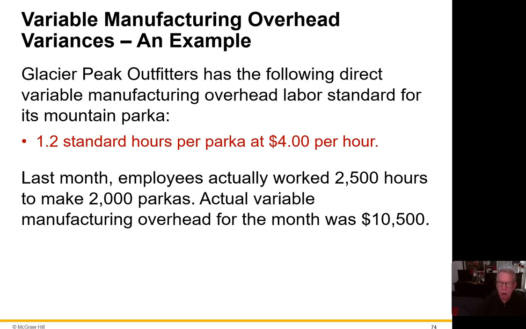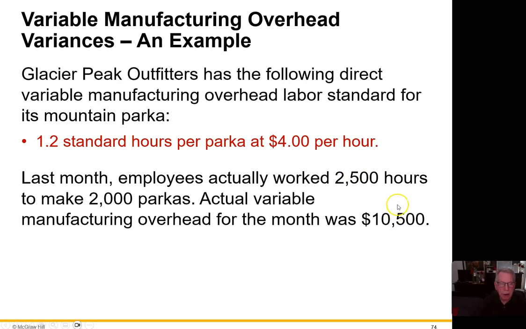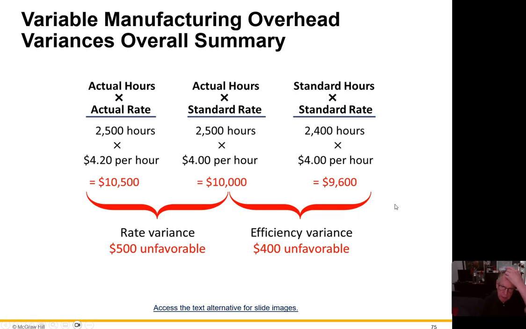The actual variable manufacturing overhead for the month was $10,500. So we essentially set this up the same way. Here are our actual hours, and here's our total of $10,500, which is given in the problem as the actual variable overhead, and we can back into the $4.20 per hour.